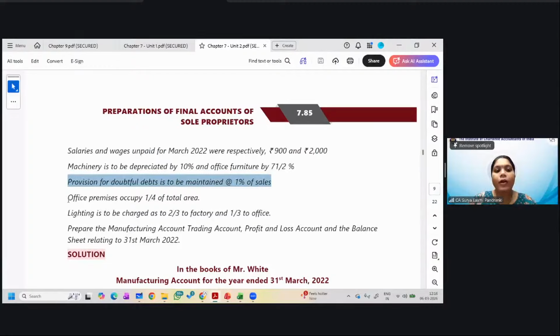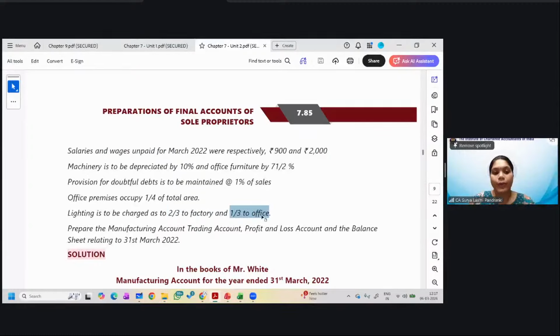And then they also clearly told that office premises will occupy 1/4 of the total area, which means the remaining 3/4 is for the factory. That is what they are trying to say. And lighting is to be charged 2/3 to factory and 1/3 to office. They gave you the breakup clearly. 2/3 to factory means this will go to the manufacturing account, and 1/3 will go to the P&L statement.